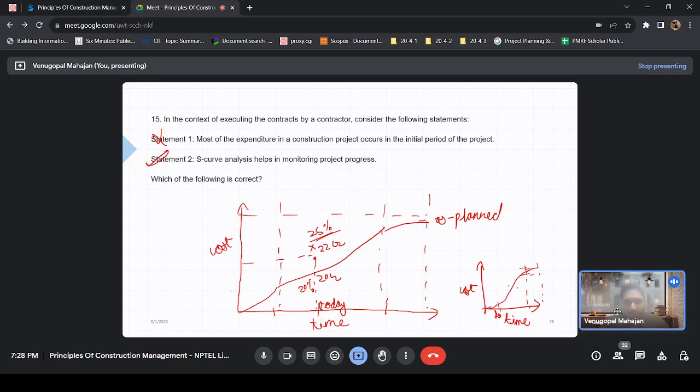But what we do in earned value analysis is we try to flatten the S curve. Instead of taking it as a curve, we think of it as a line, and we try to project it like that. We will see it in project monitoring and control. We have one topic there, so we'll see it numerically, and I guess that would clear it better. Okay, sir, thank you.